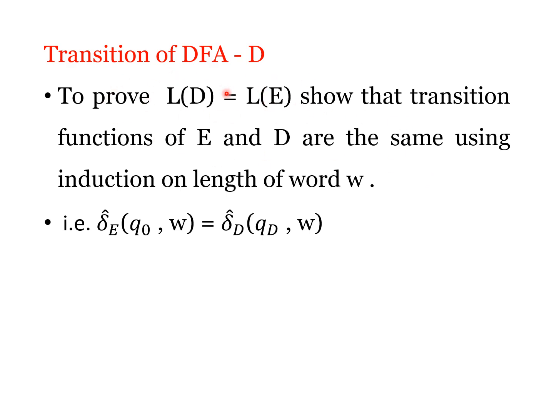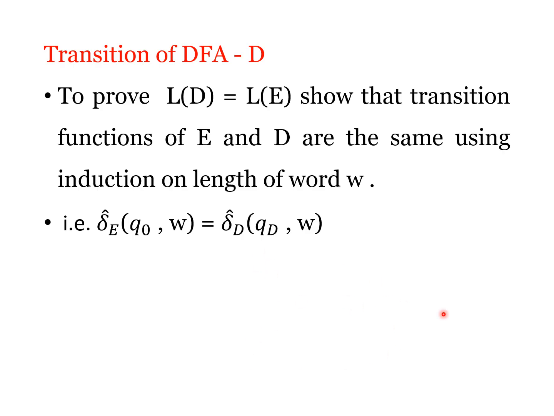This has to be done using the induction method, and the induction proof is on the length of the word W. So what we actually have to prove is that applying the epsilon NFA transitions sequentially from Q0 and processing each letter in W, we obtain some state set, and that will be equal to the set obtained by starting from the start state of DFA and processing each character of the word W using the transitions of the DFA we have obtained.